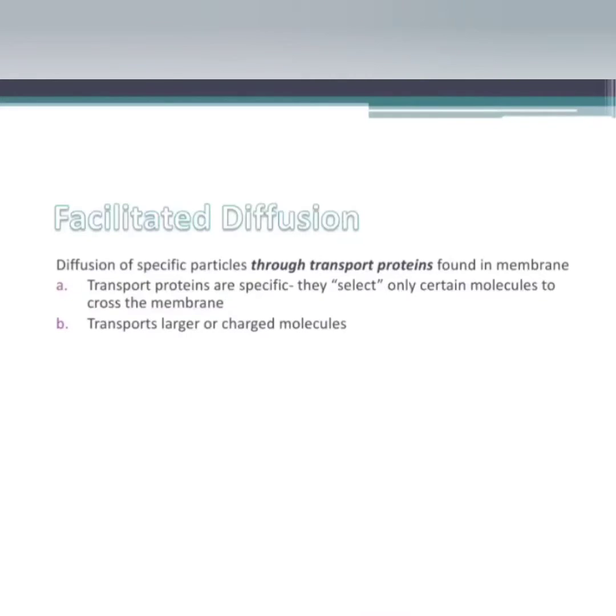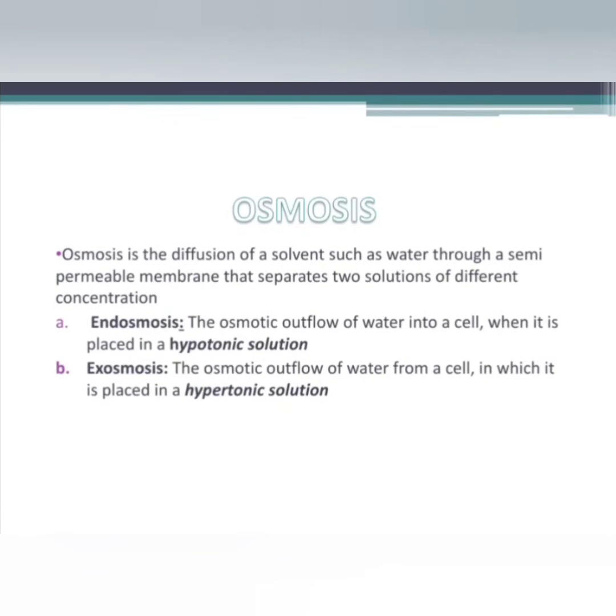Now we are going to discuss osmosis. Osmosis is the third type of passive transport. It is the movement of water molecules across the cell membrane. In a human cell or any organism's cell, even a plant cell or a bacterial cell, 90% of the cell is made up of water, so the water also needs to be transported in and out of the cell.